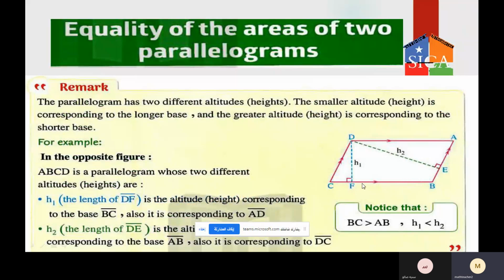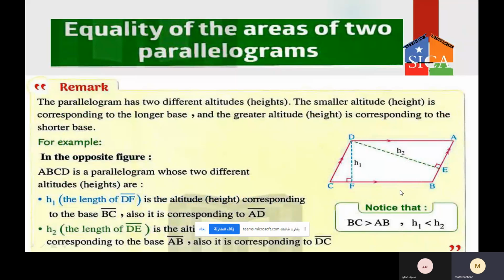CB is the corresponding base to the height H1. And the corresponding base to the height H2 is AB. AB is the corresponding base to the height H2 because H1 is perpendicular to BC, then BC is called the base and H1 is called height. AB is called base and H2 is called height 2.